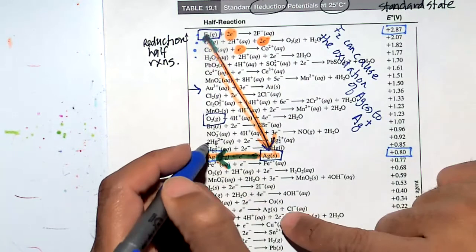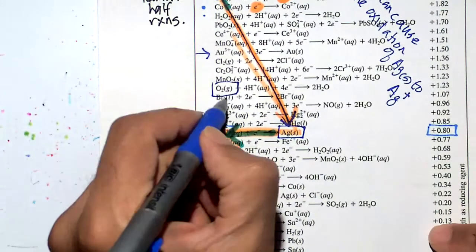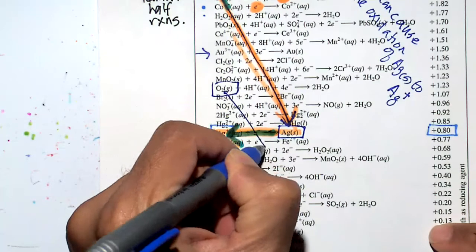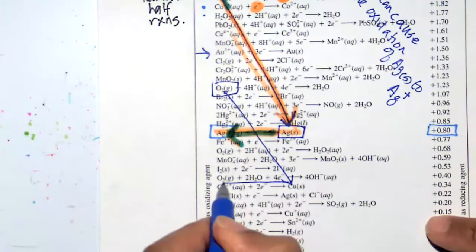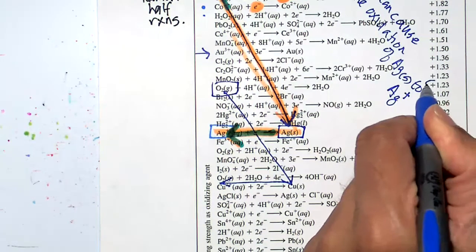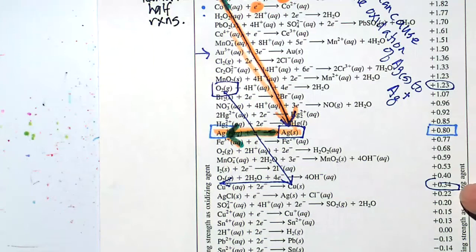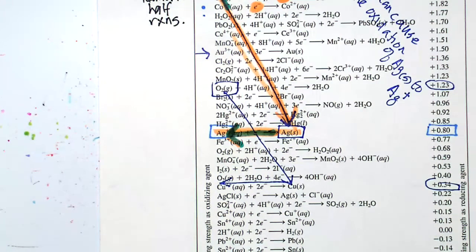I'll pick on copper here since it's beneath it. O2 will cause copper solid to flip and get converted to Cu plus 2. That will give us a positive voltage, because 1.23 minus 0.34 is still positive.